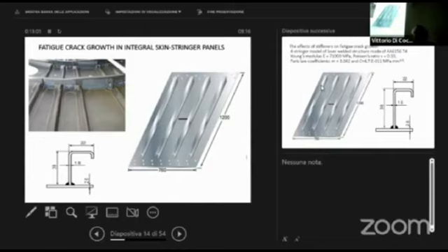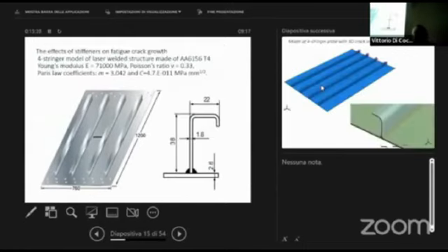So such a model was used for experimental and then numerical investigation. Also, you can see the cross section of the stringers and how they are welded. So this is more or less the same with some data that we used in the numerical calculation.